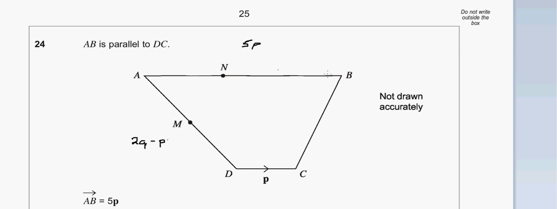Okay, so 2 to 3 would be 5 shares, if you like. So if A to B is 5, 5 divided by 5 is 1, so 1 share is p. Now A to N is 2 shares, so I know that this is 2p, so this must be 3p, because 2 to 3.